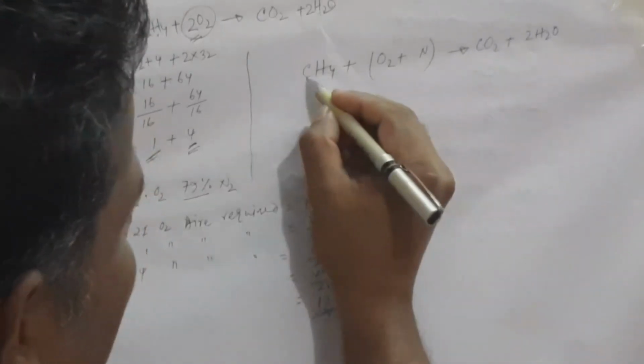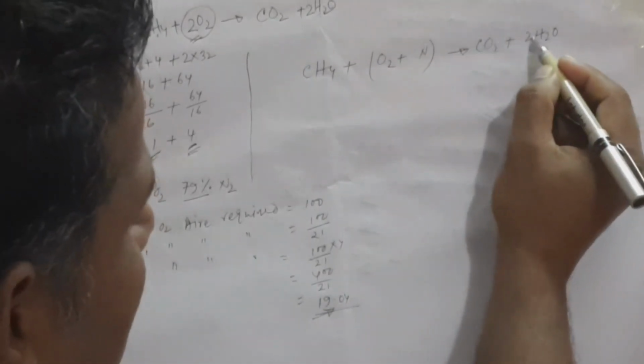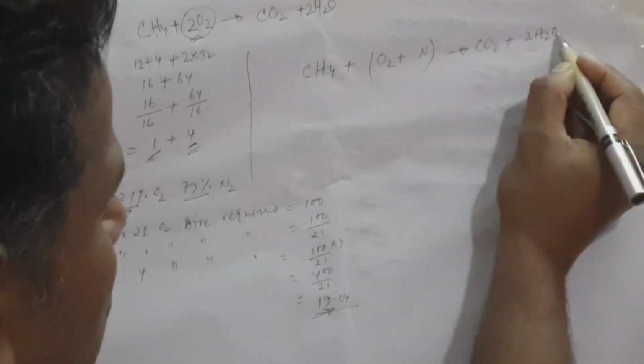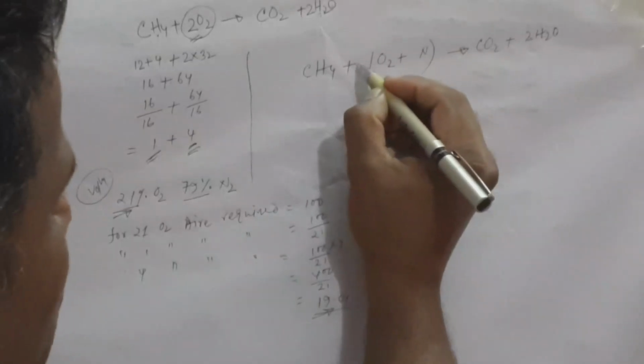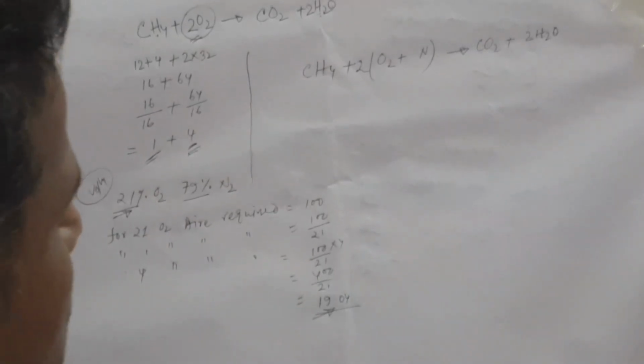If I balance this equation, there is one carbon, which is okay, and 4 hydrogen on each side. There are 4 oxygen, and for 4 oxygen you have to provide this 2.